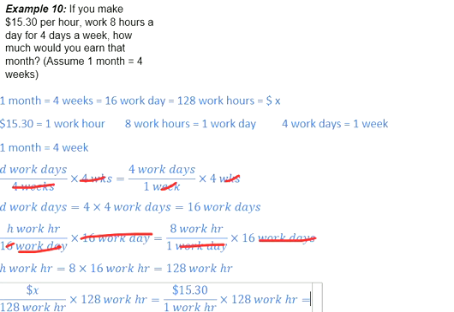Since I'm running out of room, I can tell you that my 128 will cancel. My work hour here will cancel, work hour here. So my X number of dollars will be 15.30 times 128, and that is going to equal $1,958.40. So for that month of work, I will get paid $1,958.40.